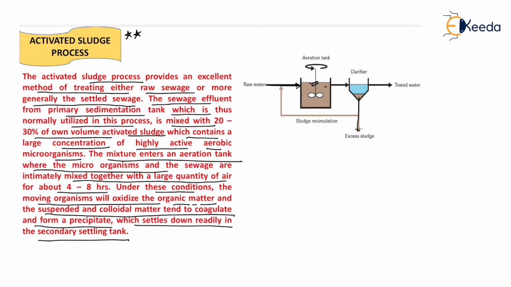From the 100% sludge, 30% is returned to the process again as sludge recirculation, and 70% is sent to the sludge digester. The remaining water, which is free from organic matter, is sent for disposal into natural water resources. Clear? Now we will see how the activated sludge process works.